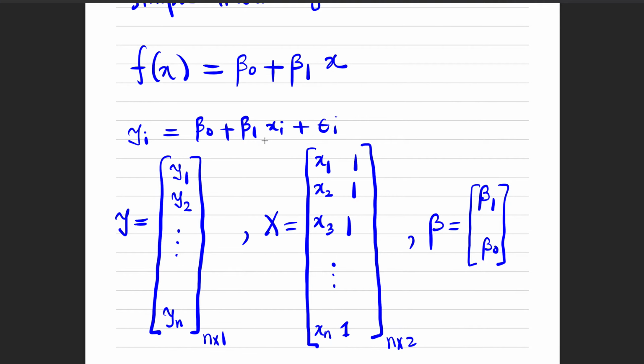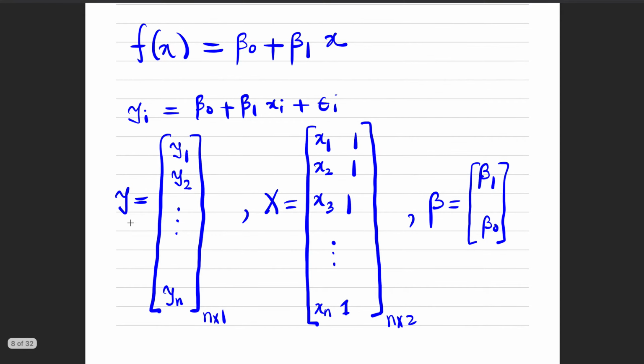In matrix format, we can create this vector y, which is n by 1: y1, y2 to yn. We have this matrix x, which has two columns. One column is filled with ones, and then the second column is just x1, x2, x3, to xn. So it's n rows, two columns. And then we have a vector beta, which is beta 0 and beta 1. So why do we have this column of ones?